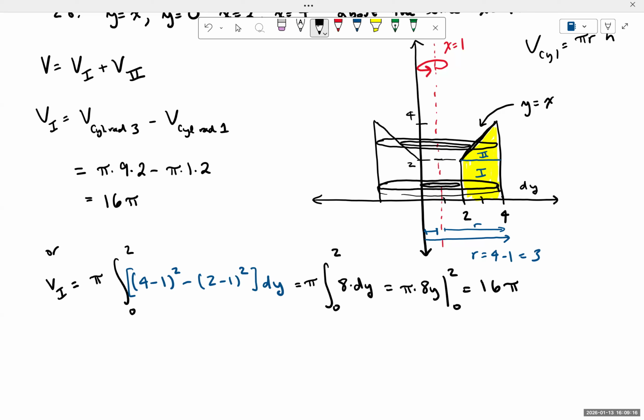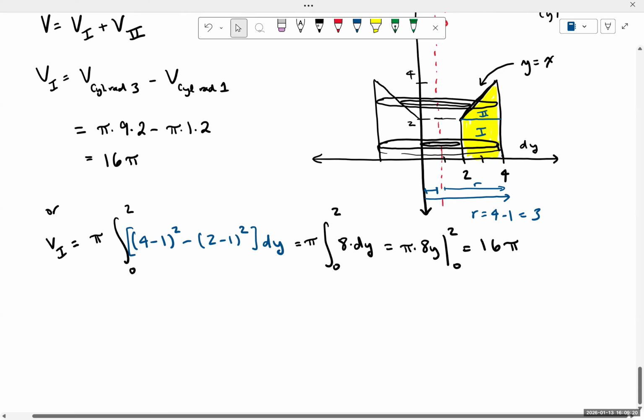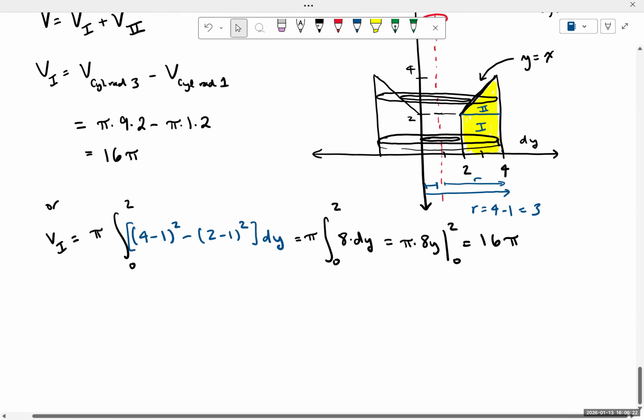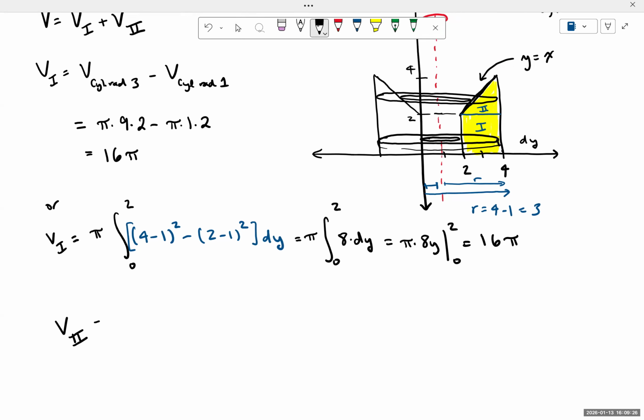Now the slanted bit is going to be my volume 2. I have to do a little bit more work for that one, because that one I definitely do need some calculus for. So again, y is going to go from 2 to 4.